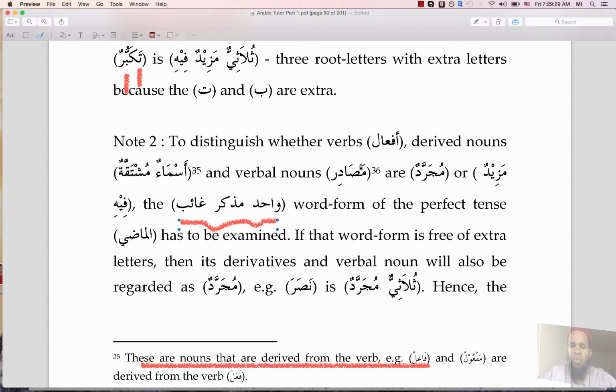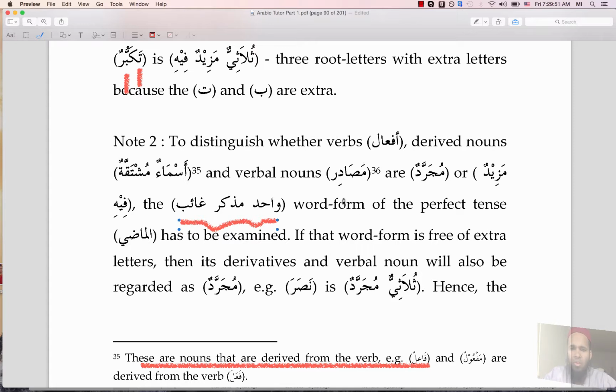They're saying that because words could have many different forms, whether it's af'al, masadir, fa'il, how do you know if they have extra letters or not?